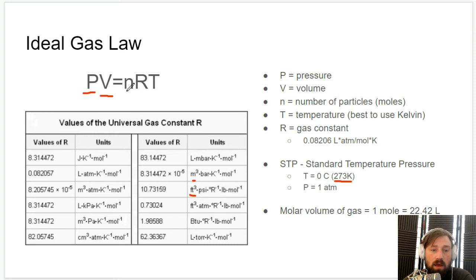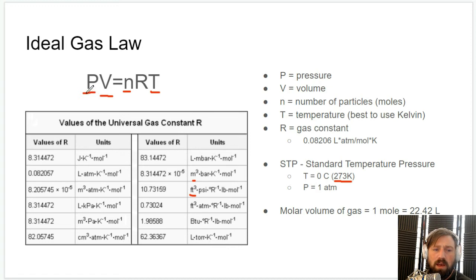And the number of moles, that's always going to be the same. Temperature, typically, like I said, we're going to be talking about in terms of Kelvin, but you could imagine a world where you might want to use Celsius instead.